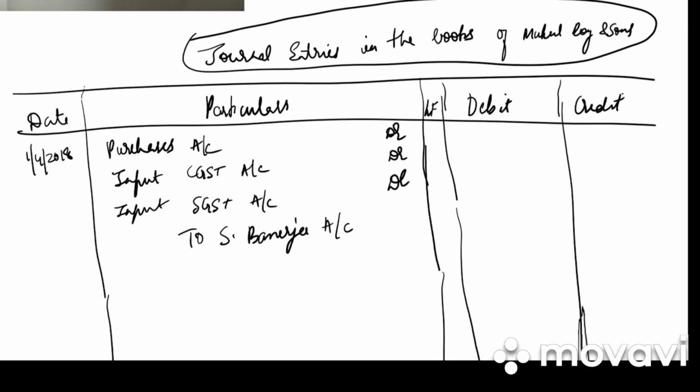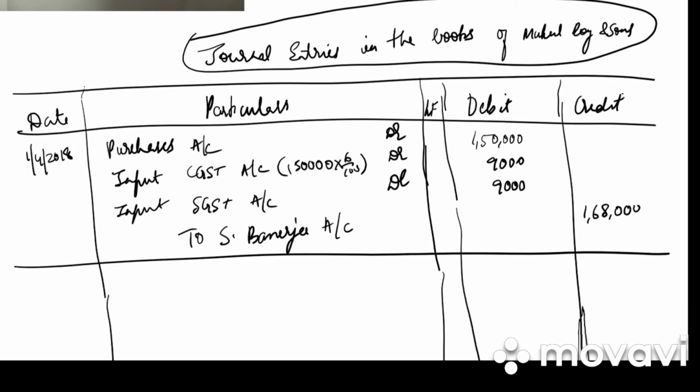We purchased goods for what value? It was 1,50,000. So 1,50,000 into 6 by 100, 9,000, 9,000. And what will be the total of S Banerjee? 1,68,000. Write down the narration. Purchase goods on credit.